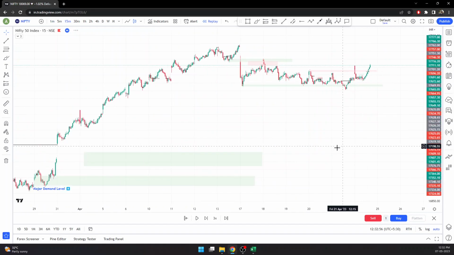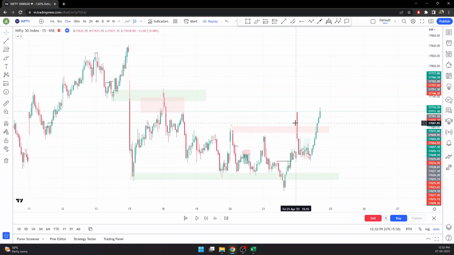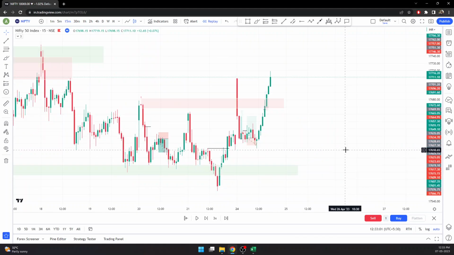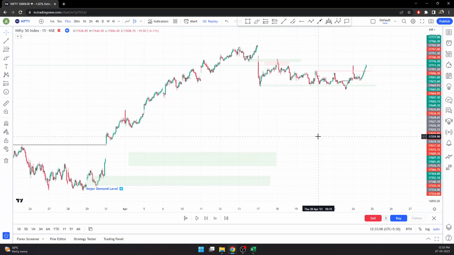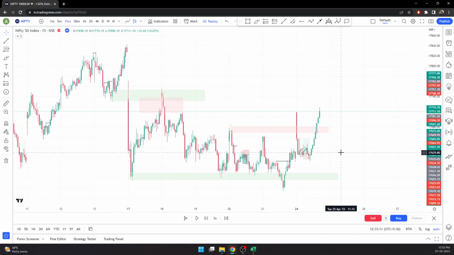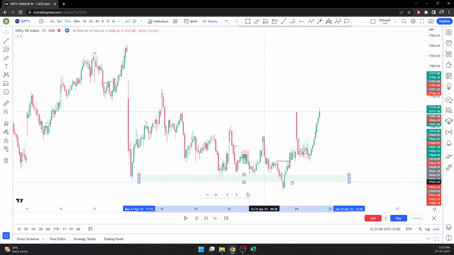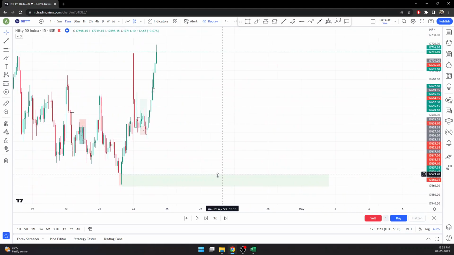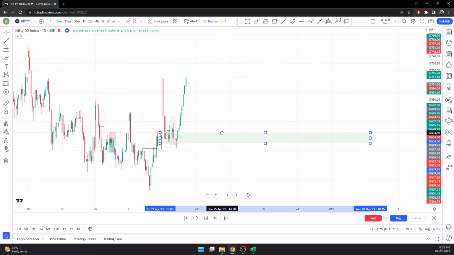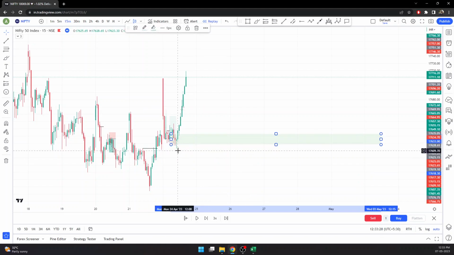So move back to 15 minutes time frame. We can see very good rejection from the buying side. So this is not a seller's area, this is not a seller's area now, this is not a demand area for now. So for us the demand area is this. Now the next demand area is this, because this is the new swing that we can see.